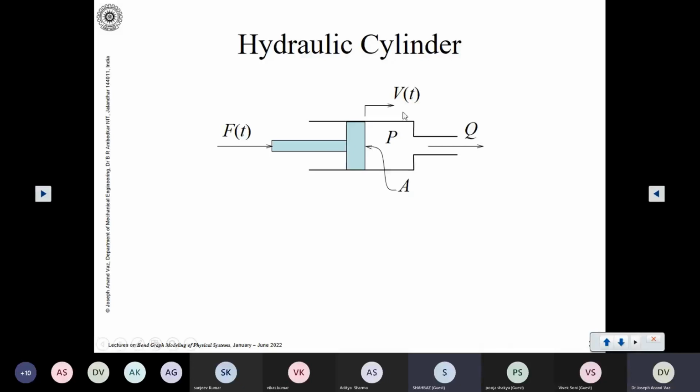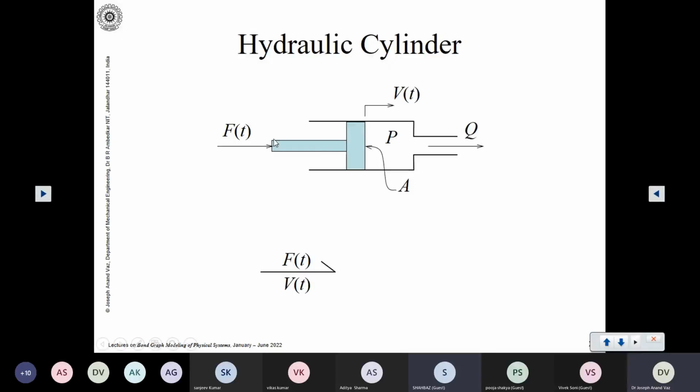Here you have a piston and this is a chamber, and this fluid in this chamber is coming out at the rate of Q. Volume flow rate is Q. And the pressure that is developed is P. Let's assume that the area of cross section of this piston is A, normal to this pressure.